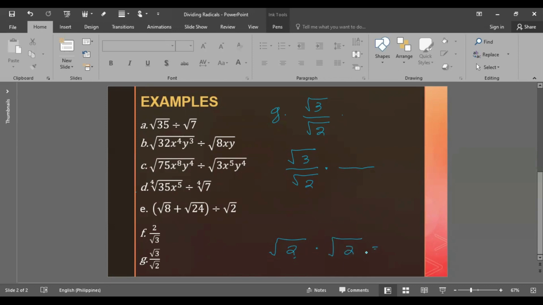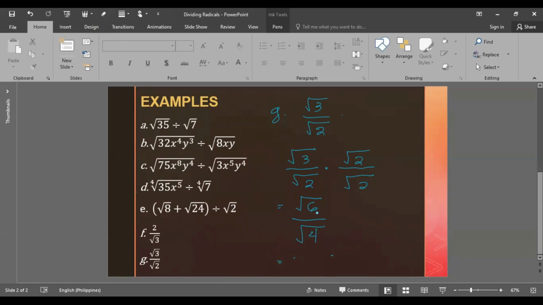Because the square root of 2 times the square root of 2 is the square root of 4. And square root of 4 is 2. So mawawala na yung radical sign. So we write here the square root of 2. We also put here the square root of 2. Then perform the operation. The square root of 3 times the square root of 2 is square root of 6 over the square root of 2 times the square root of 2 is square root of 4.